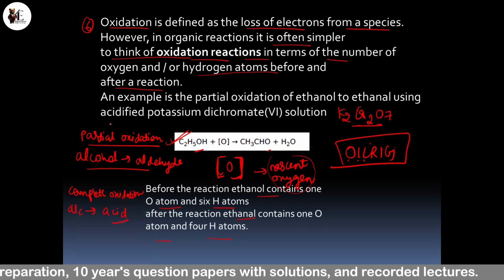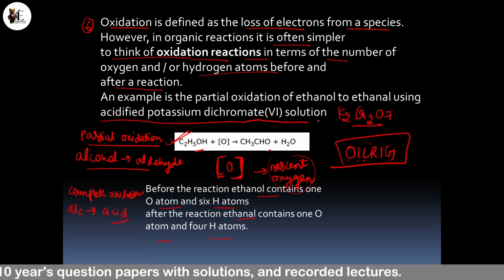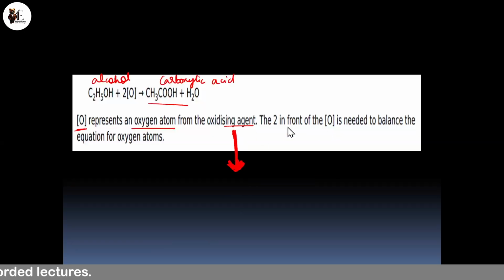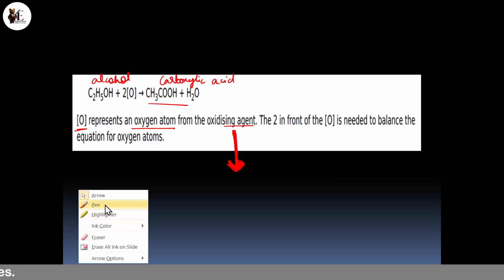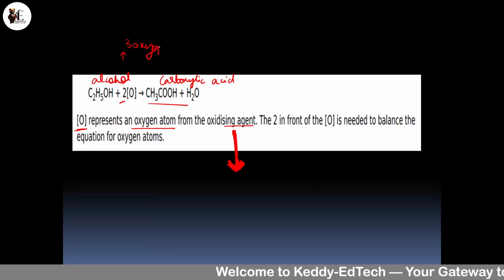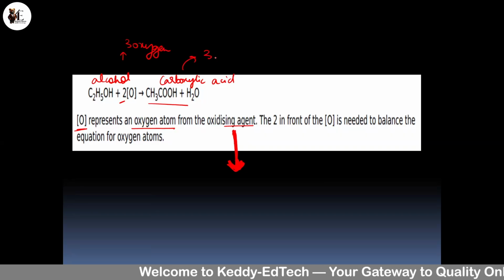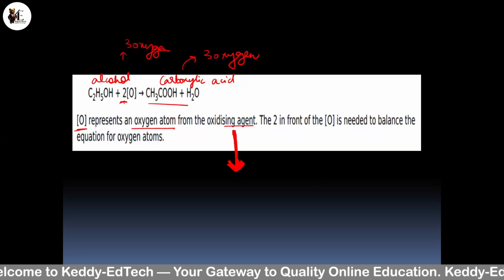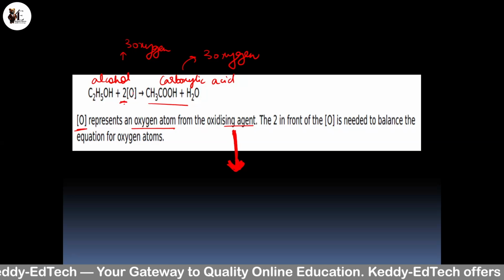Acidified potassium dichromate solution, whose oxidation number of chromium is 6. The 2 in front of oxygen is added just to balance the equation, because there are 3 oxygen atoms on the left hand side of the equation, and on the right hand side there are 3 oxygen. To balance this, we have added a 2 as a stoichiometry for this nascent oxygen.